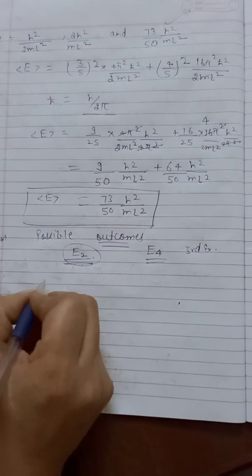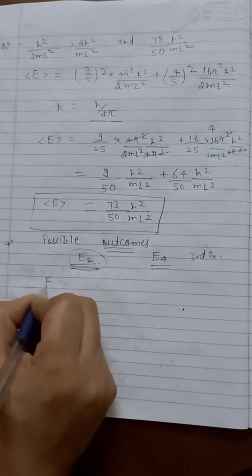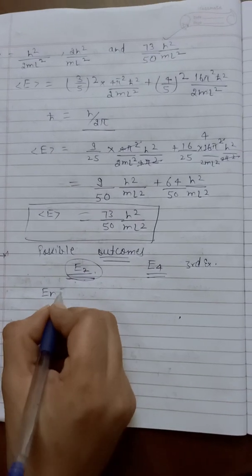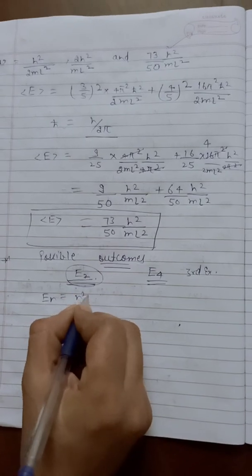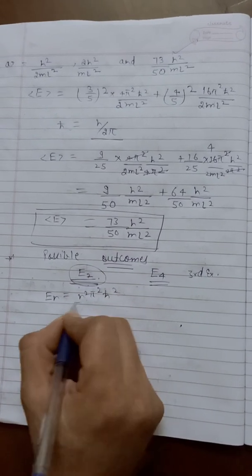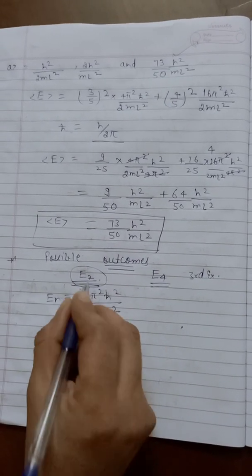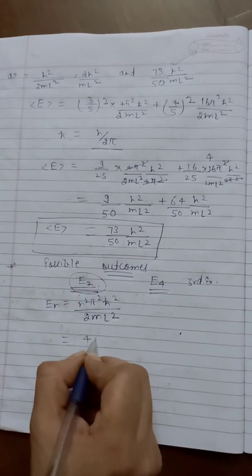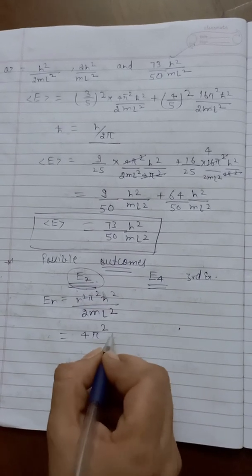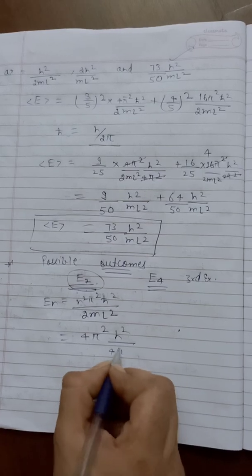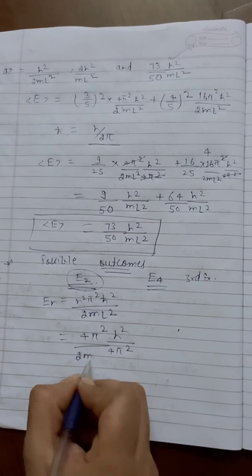Now for the first, we have the general value of energy En equal to n square pi square h cut square over 2m L square. For E2 we put n equal to 2, giving 4 pi square, and with h cut as h upon 2 pi, means h square over 4 pi square over 2m L square. 4 pi square cancels, so it is equal to h square over 2m L square. And for the third excited state, means E4, n is 4, so 16 pi square. Same h cut is h upon 2 pi, means h square over 4 pi square over 2m L square.